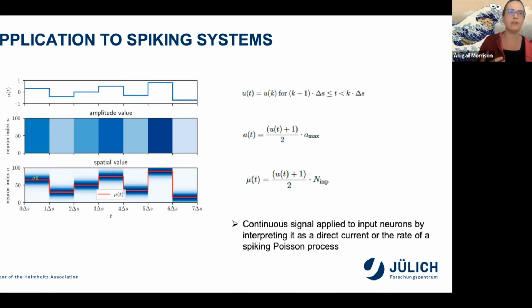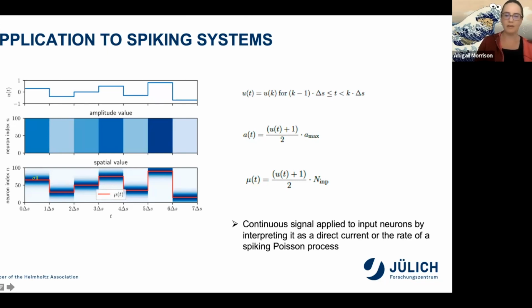And we have two approaches for this. One we call the amplitude value. All neurons that are receiving input will receive an input signal that is more or less depending on the value of the state function. If we have a low value here, they get not much input, and when we have a high value here, they get a high value input.